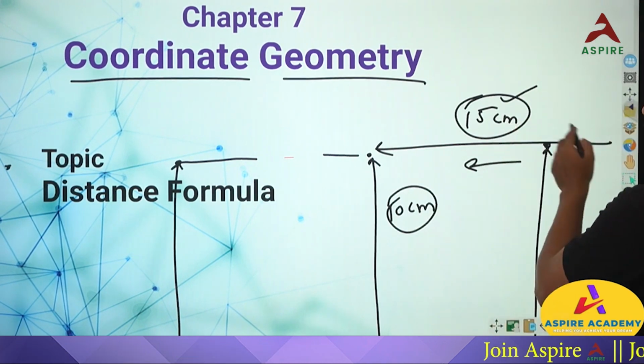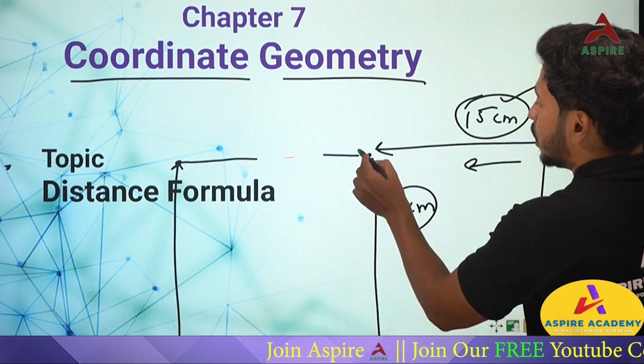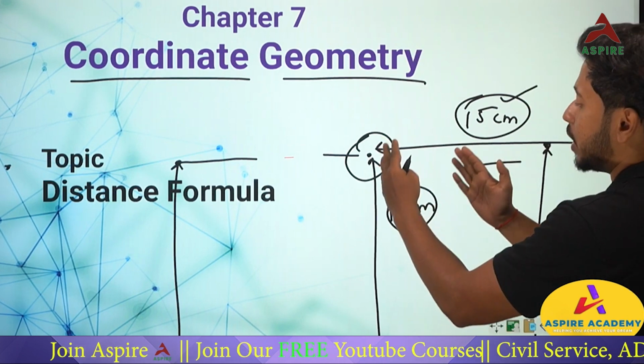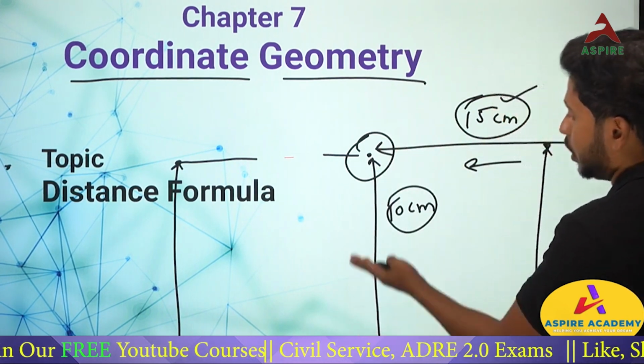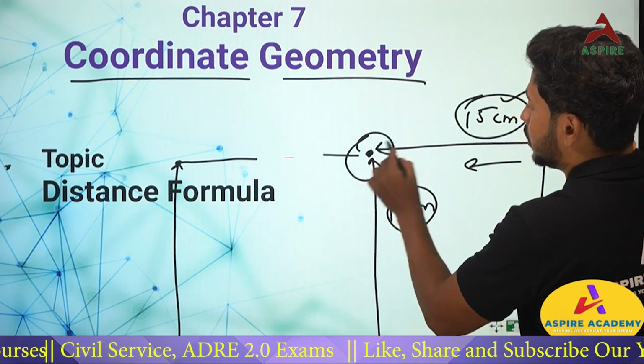If I know that it is 15 centimeter from the right side, then I will know the exact location of this point, because 15 centimeter from the right and 10 centimeter from the ground, only one point can be here.